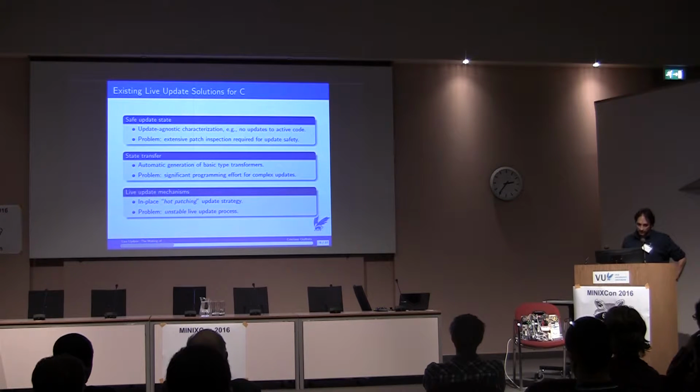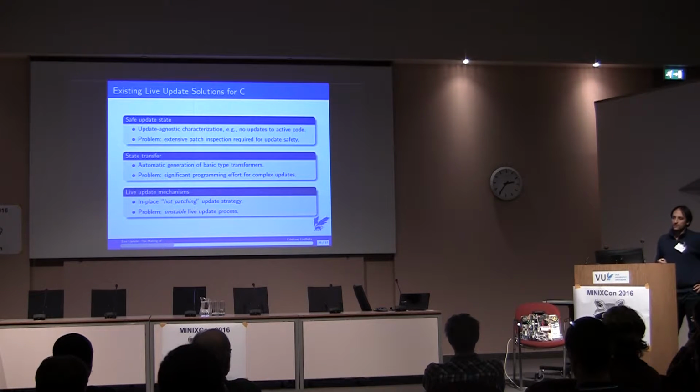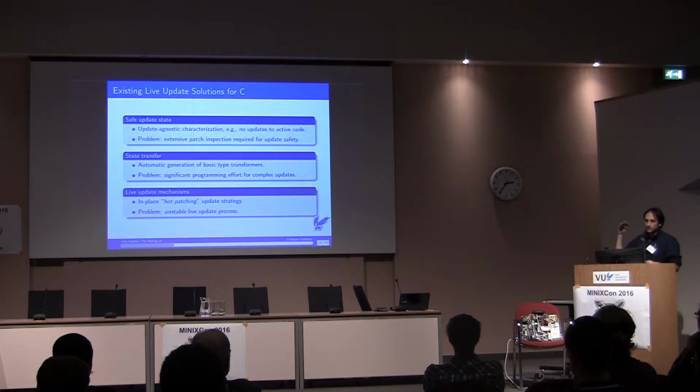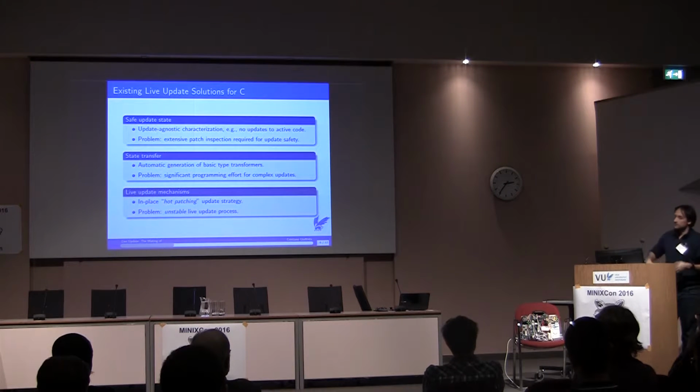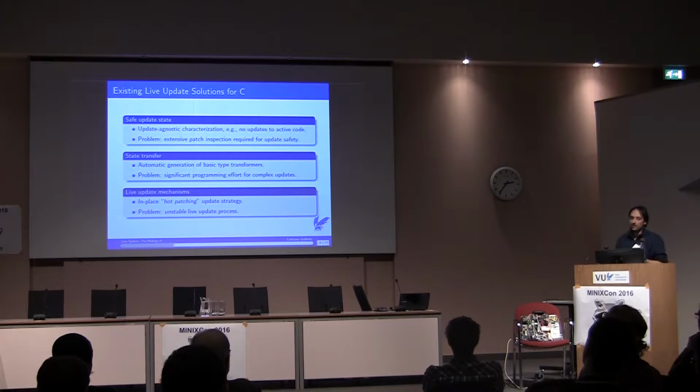Typically, they forbid, for instance, update to running code. So if function foo is running, for example, they just forbid you to update and replace function foo in the kernel. Okay? The problem with this is that you still need to rely on extensive manual inspection. So patch inspection, as a user, you need to manually look at the patch and figure out if these patches can be glued into the execution at an arbitrary point in time. Okay? And this is error-prone and extensive manual effort.